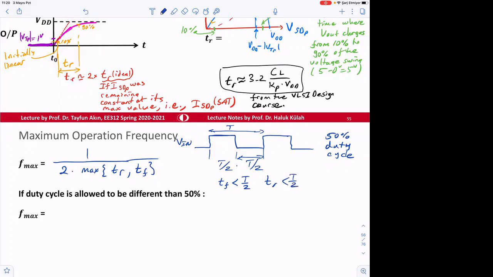So we have to select the maximum of them to determine the maximum operating frequency. So the largest one determines Fmax.